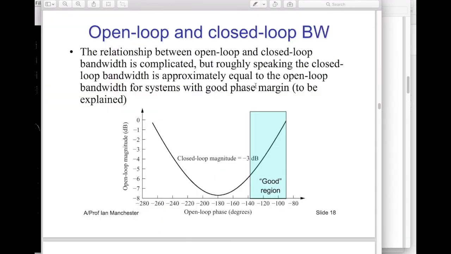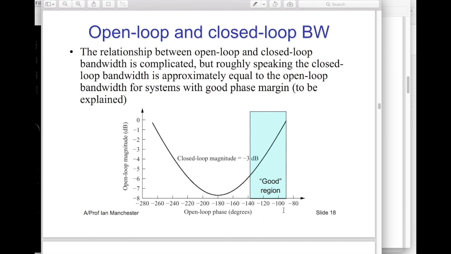So what's the relationship between them? Well, again, it's a little bit complicated to give it precisely, but roughly speaking, the closed loop bandwidth is pretty close to being equal to the open loop crossover frequency. So what is the closed loop bandwidth?